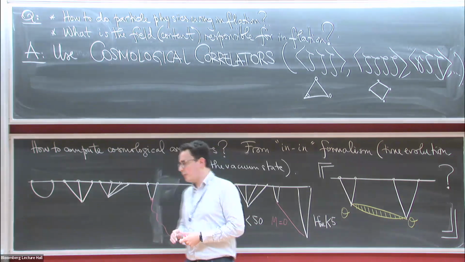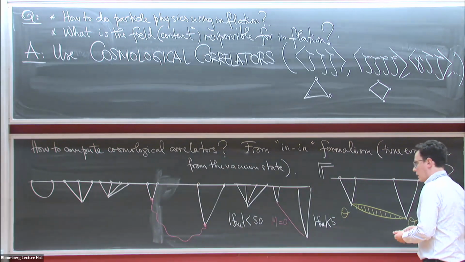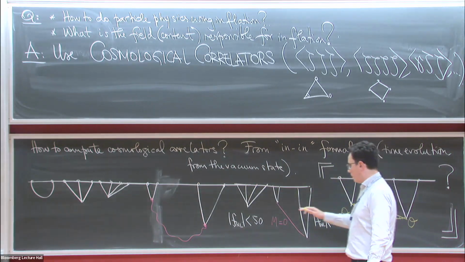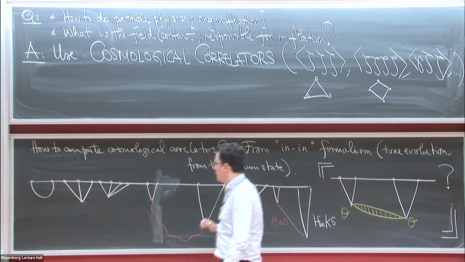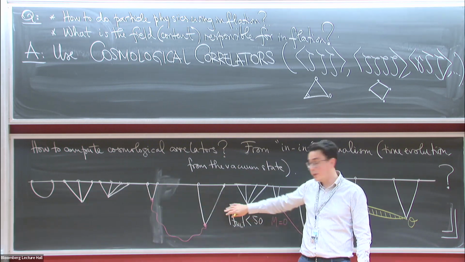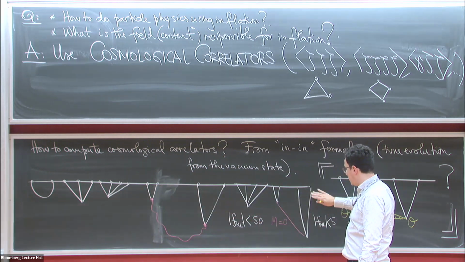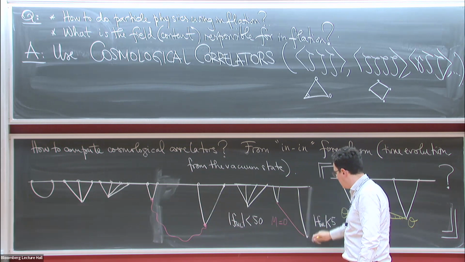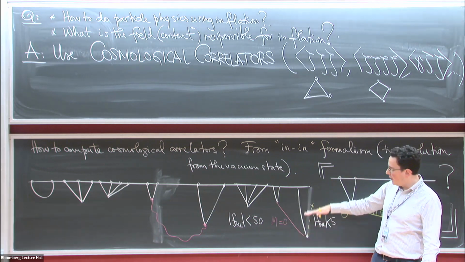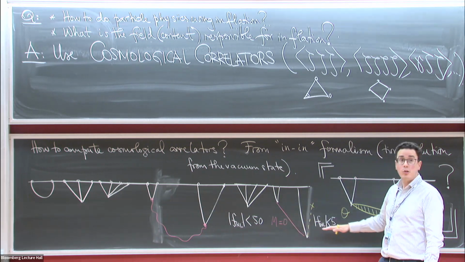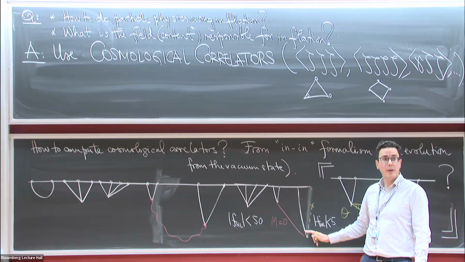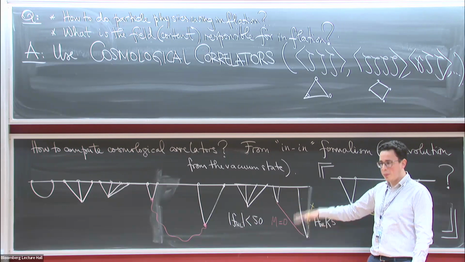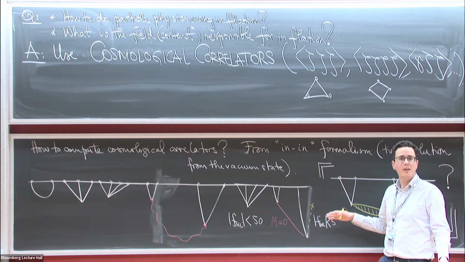But let me explain Nima's remark for the non-connoisseur. One way to think about the 3-point function during inflation is to think of a 4-point function in de Sitter space and make one of the legs very soft. So for example, let's take this leg here. Make it very soft. When you make it very soft, it essentially becomes a very slowly time-dependent background on top of which the other 3 perturbations experience de Sitter plus a very slowly red-shifting extra wave.